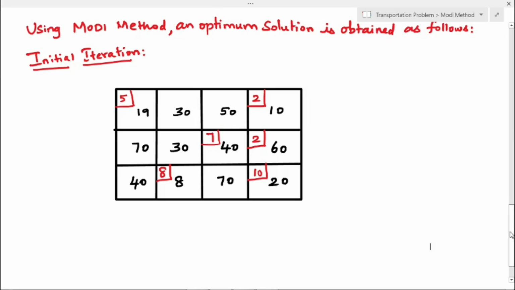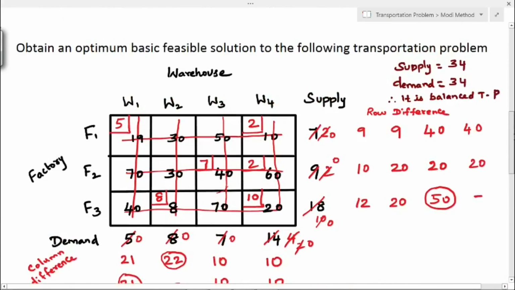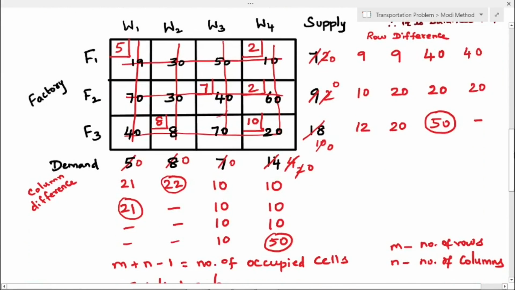In Modi's method, first we have to find the initial iteration. In the initial iteration, first I have written the problem, and with that I have written the allocations from this table. In the first row we have 5 and 2. Similarly, second row 7 and 2, and third row 8 and 10.